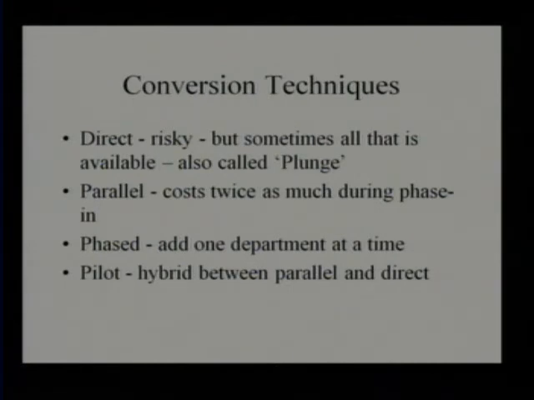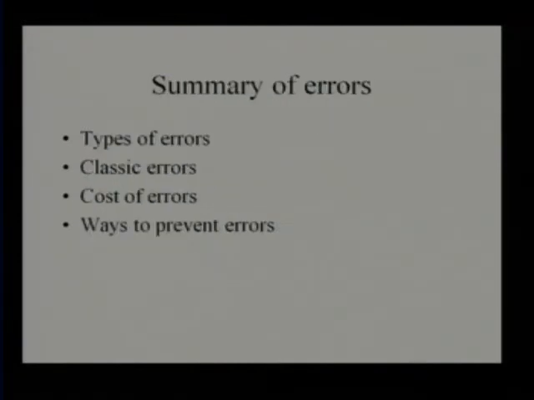A hybrid between the parallel and direct is the pilot, where you try it out for a week and then go back to the old system, and you try it out for 2 weeks and go back to the old system. All of these are different ways to convert from one program to another.